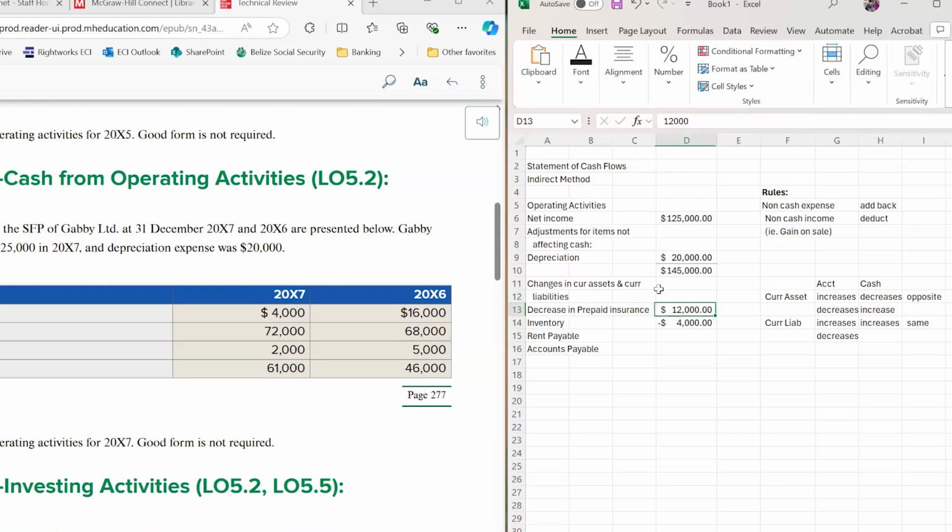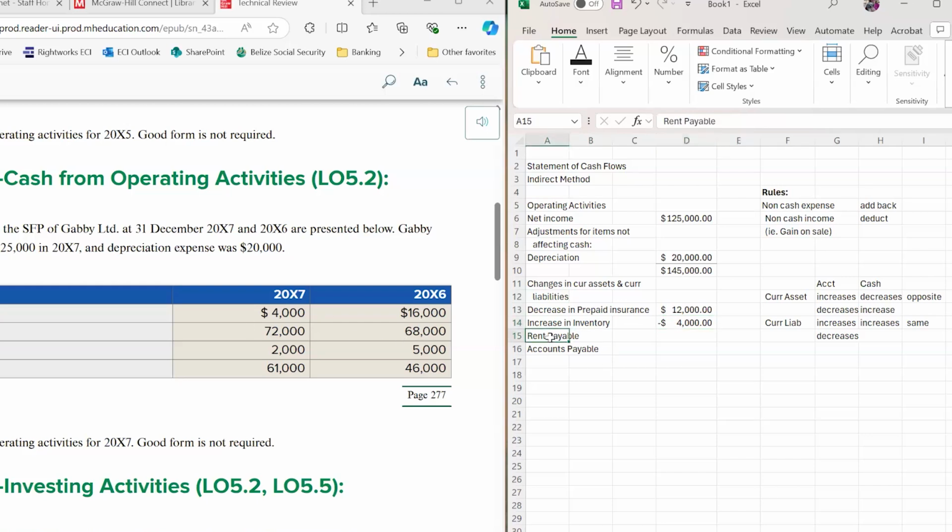I typed decrease and then I put a bracket, negative there, and you can see that's why I said this is the more complicated section, because you have to actually look again. Even though I typed decrease, because this is an asset, I do an increase in cash. Here, inventory was actually an increase in inventory. So because it's an asset, we do the opposite and we subtract the change in inventory of 4,000.